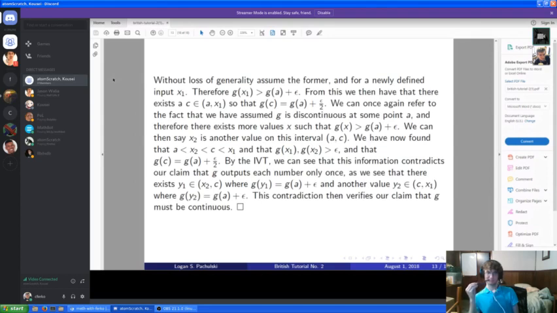Is that correct? That is correct. And that G of x1 and G of x sub 2 are greater than G of A plus epsilon, and that G of C equals G of A plus epsilon over 2.